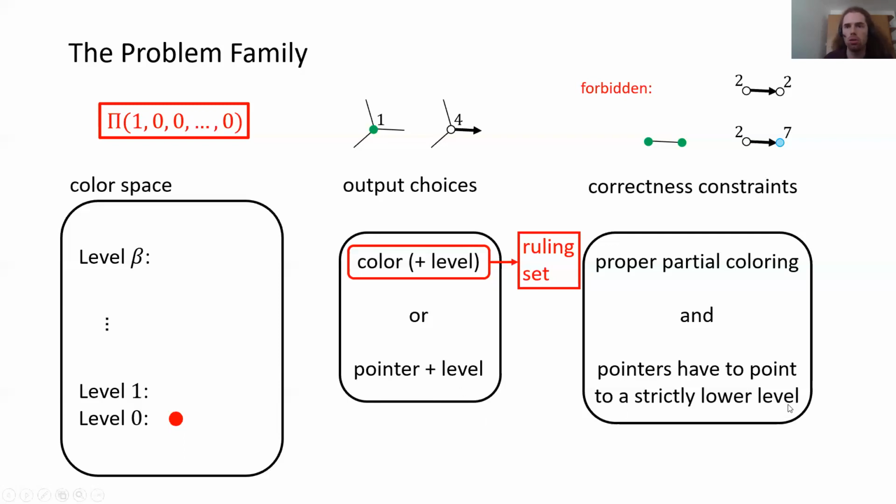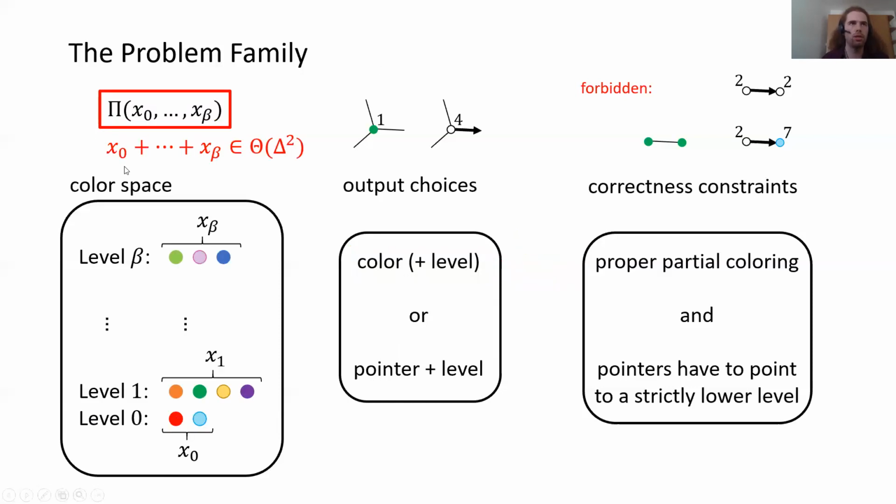And due to the second correctness constraint of the problems in our problem family, we know that each time we traverse a pointer, the level drops by at least 1. And even if I start at level beta, after at most beta traversed pointers, I will be at level 0. And at level 0, there are only nodes that output a color because none of them can output a pointer. So I have found a path of length at most beta to a ruling set vertex, which means that any vertex has a ruling set vertex in distance at most beta, and also the second constraint in the definition of a ruling set is satisfied.